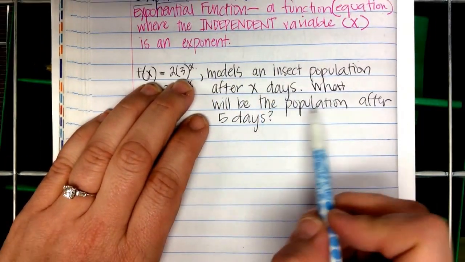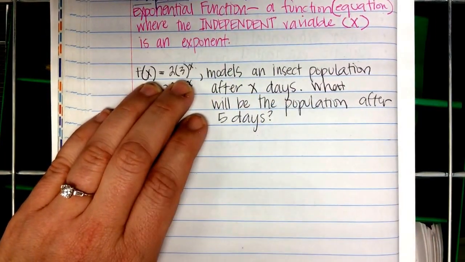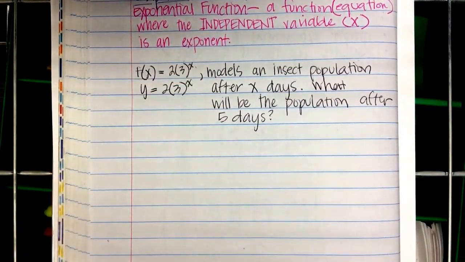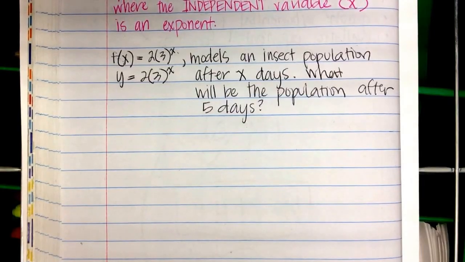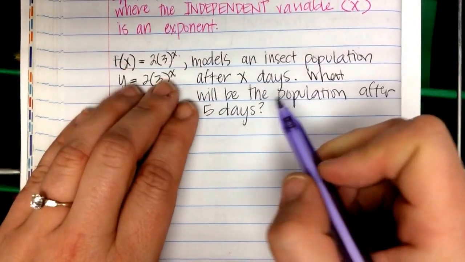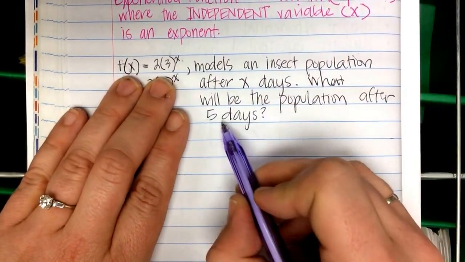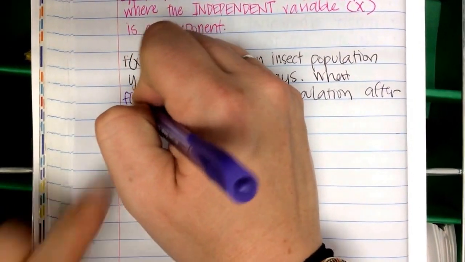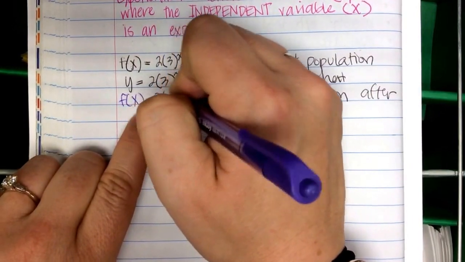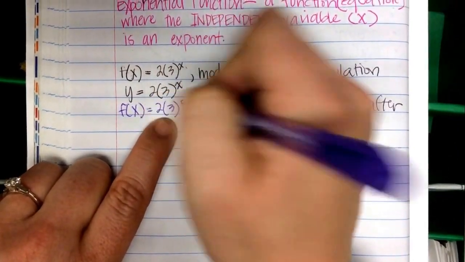I want to know after 5 days, what will the insect population be? So what am I going to do? Instead of my variable of x, I'm going to put in 5. So f of x equals 2 times 3 to the 5th.